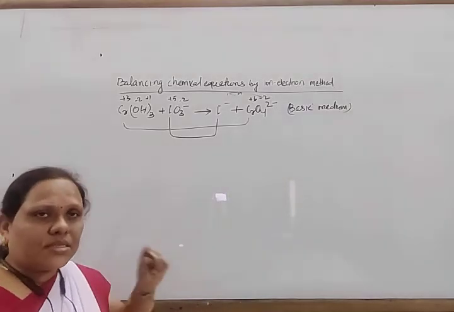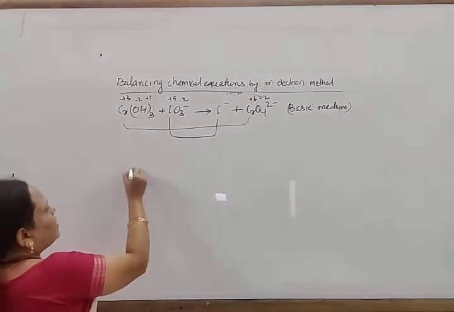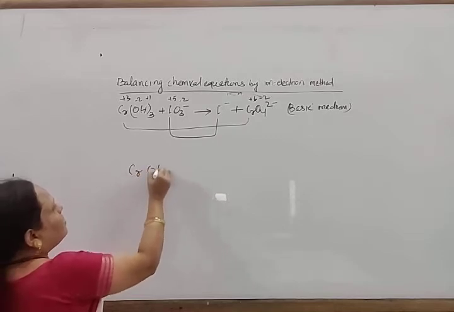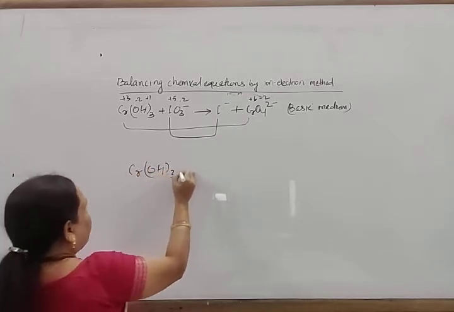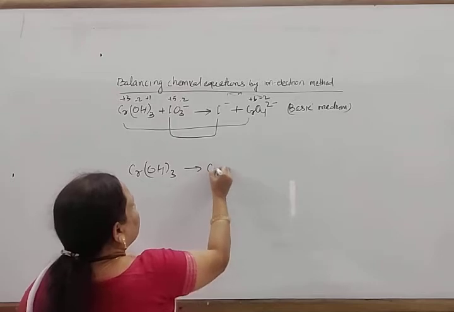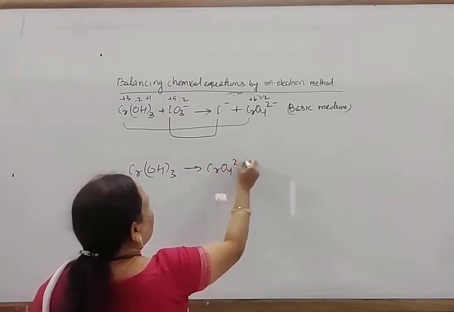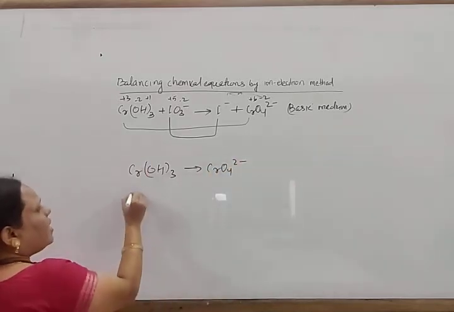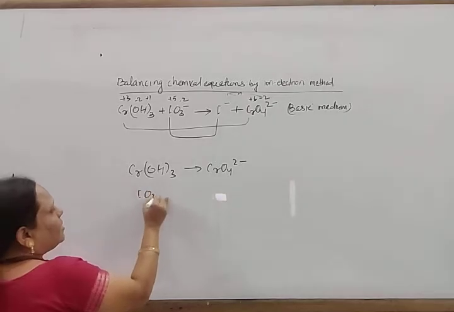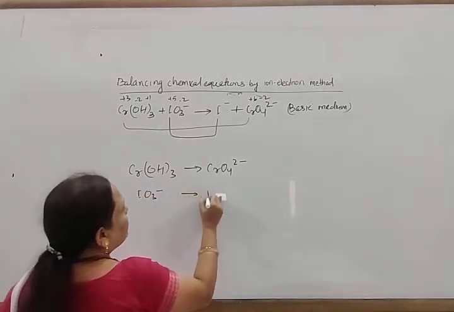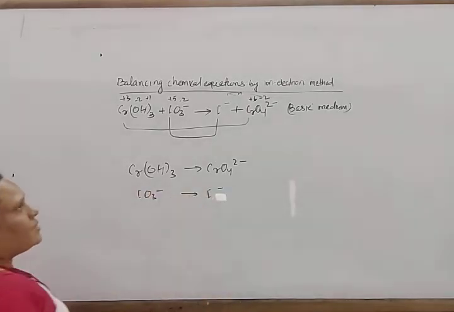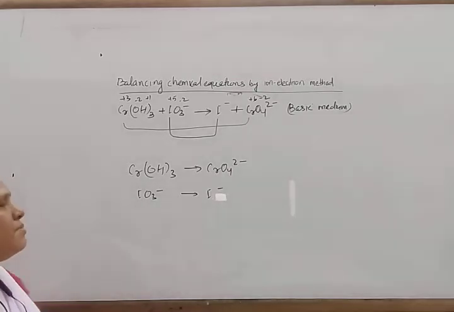So first separate these two equations. Cr(OH)3 gives rise to CrO4 2 minus, and IO3 minus gives rise to I minus. So the two equations are separated.